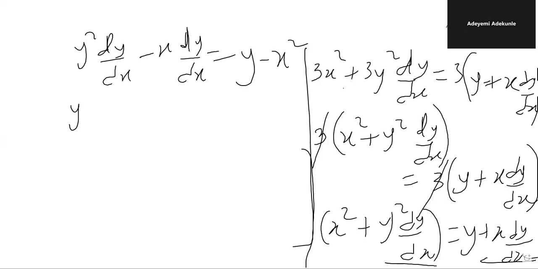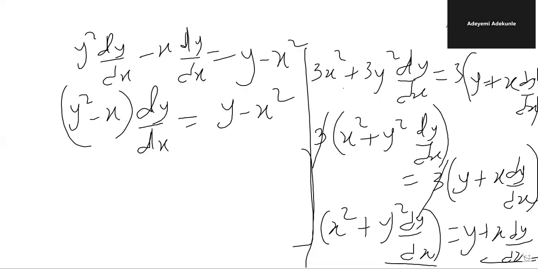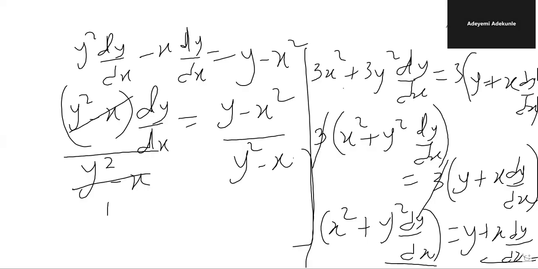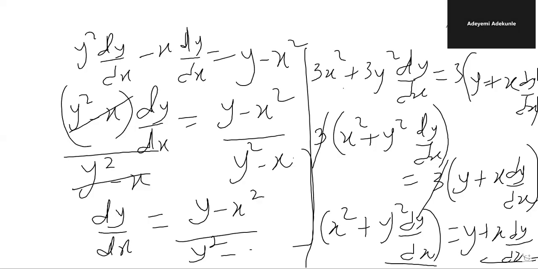So we can have y squared minus x dy dx. What I'm trying to do is I'm trying to factorize dy dx equals y minus x squared. So divide through by y squared minus x. This one also by what? y squared minus x. Cut, cut. Then our dy over dx now should be y minus x squared over y squared minus x.